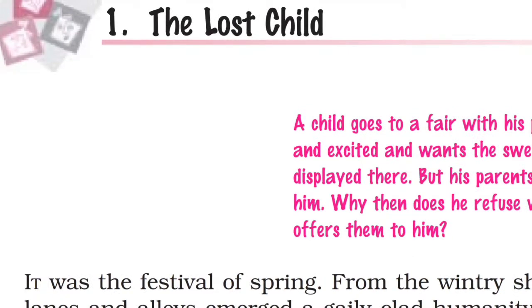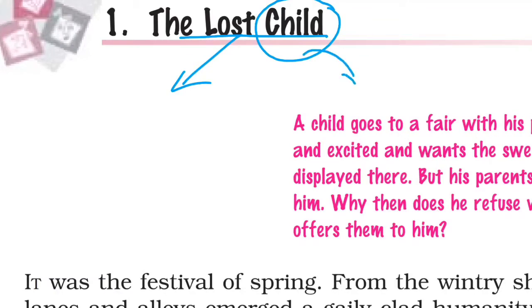My dear children, before starting the lesson, it is better to know the significance of the title. So you see, the lesson is named The Lost Child. This child may be any child. It is a universal name; it actually stands for every child.